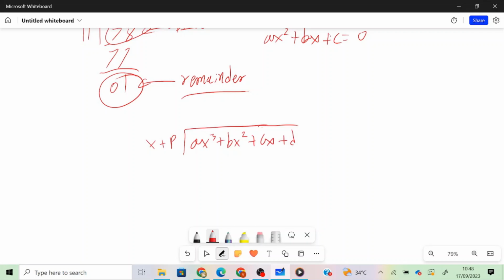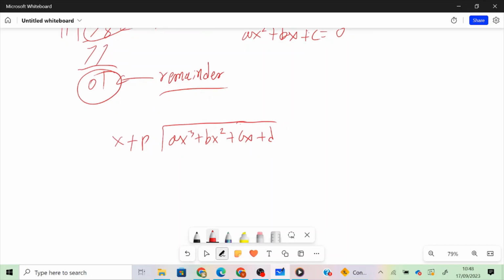Of course, this can vary. Sometimes on the outside you can have a quadratic, for example ax squared plus bx plus c, or sometimes just ax plus c. So there are different ways of doing it. Maybe all that will be done in a later video of mine, but in this one we'll just look at x plus p, because this is the most common type of division.